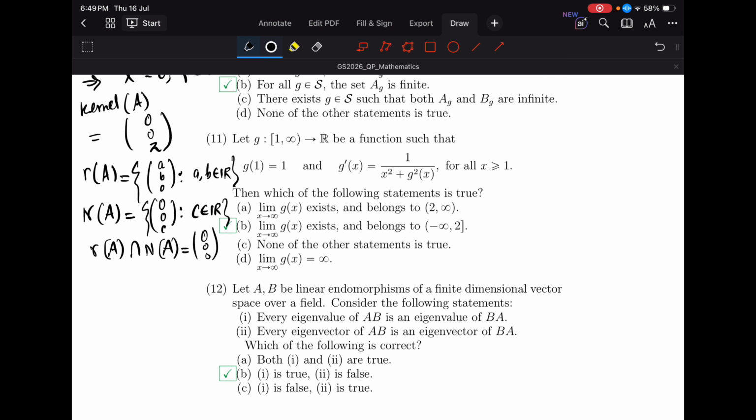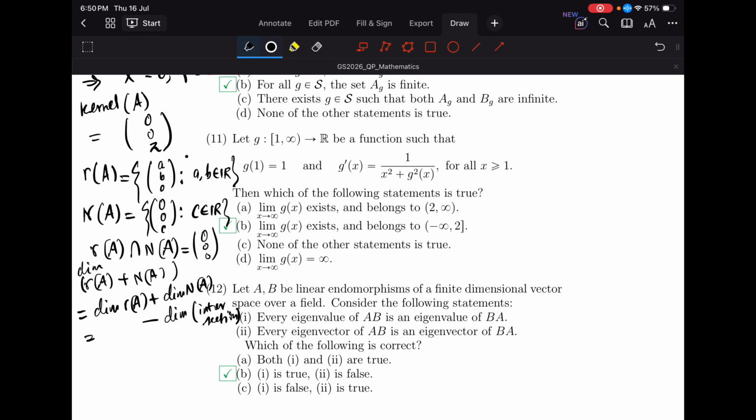And the intersection is 0, then for R(A) plus N(A), if you compute the dimension, the dimension is the dimension of R(A) plus the dimension of N(A) minus the dimension of the intersection.